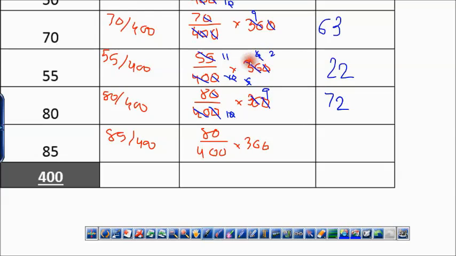This is a mistake here. Here 9 will come, so there will be 55 into 9 upon 10. 5 twos are 5 elevens are 99 upon 2, 49.5. 0 0 0 0, 4 twos are and 36 twos are 72.